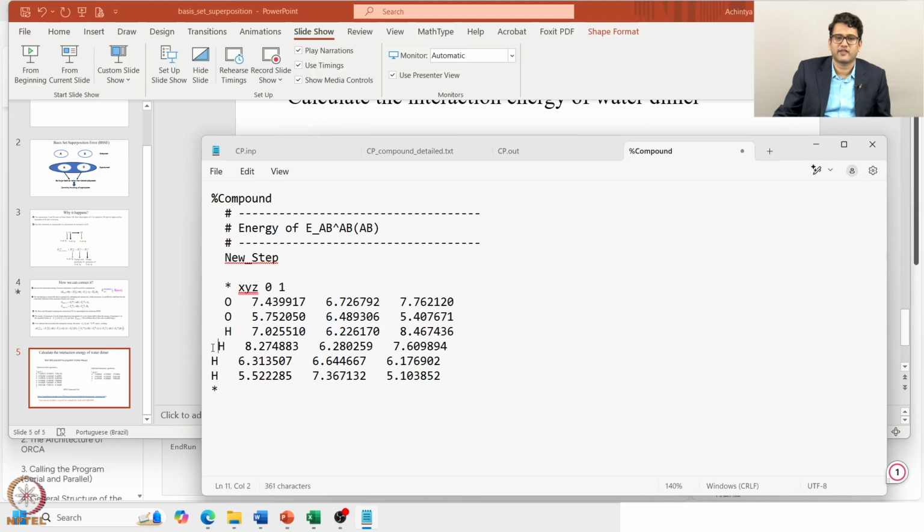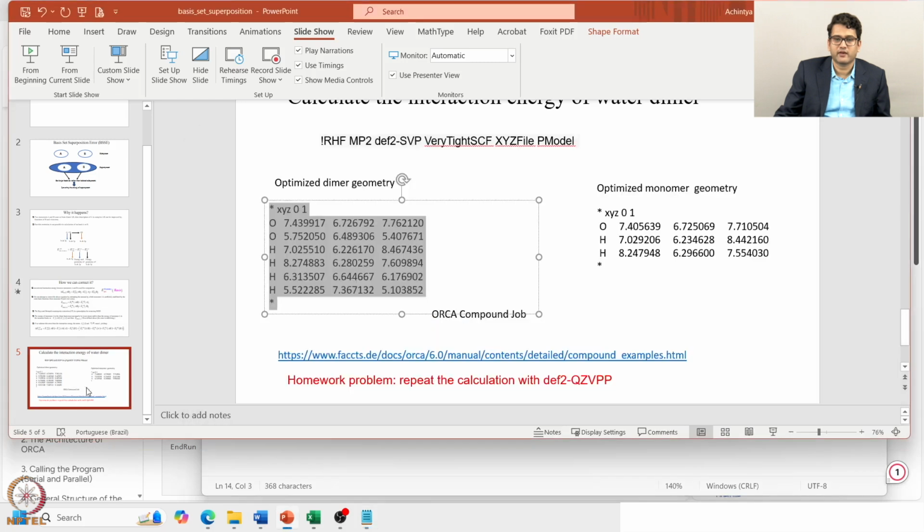I have to put the spaces here. I have not put the method. So this is the method I should have used, and this is what we are going to use everywhere.